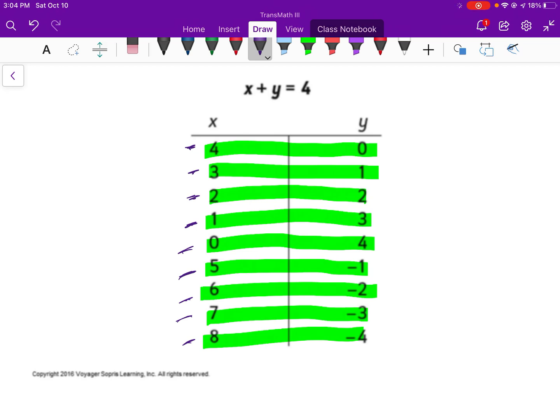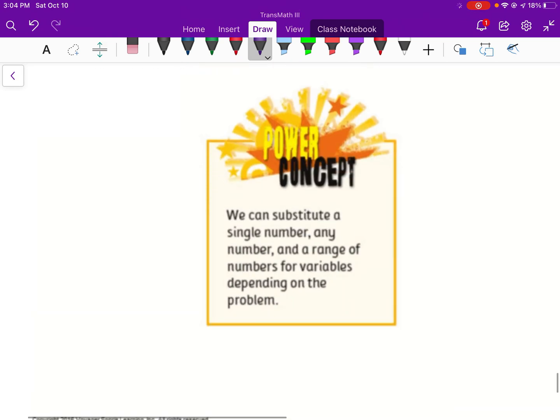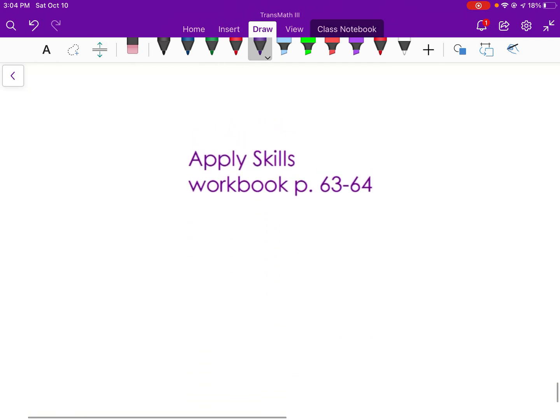They all equal 4, and that's what we needed, because it had to follow that equation. So we can substitute a single number or a range of numbers for variables depending on the problem. So apply skills, you'll look into that. Pause your video, go ahead, work on page 63 and 64.